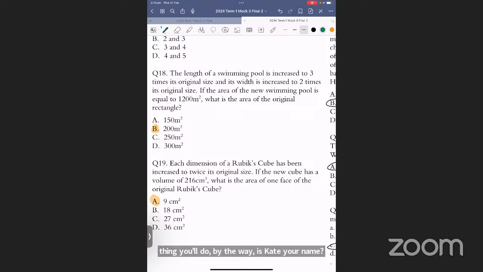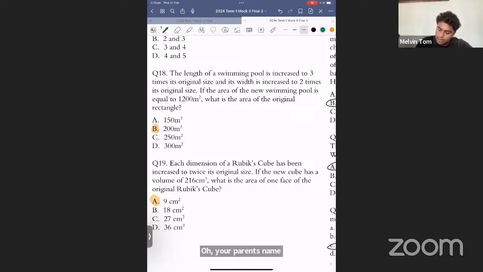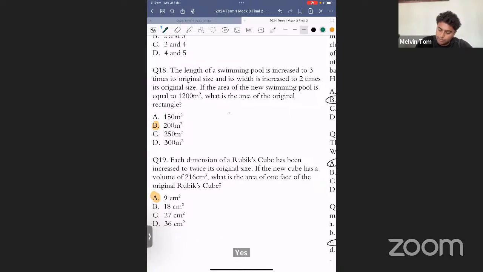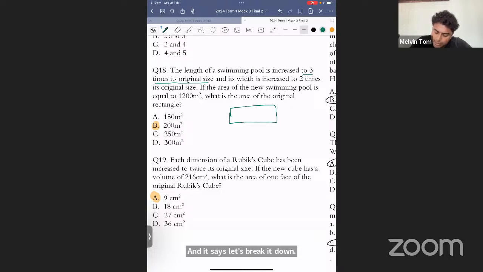Here we have a swimming pool, and it says the length is 3 times its original size and the width is 2 times, and the new area is 1,200. What is the area of the original swimming pool?